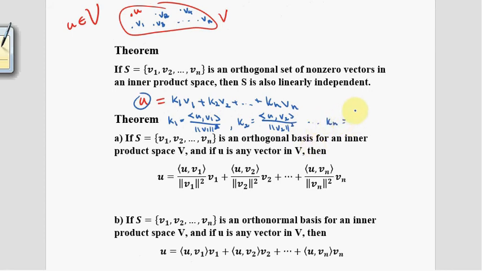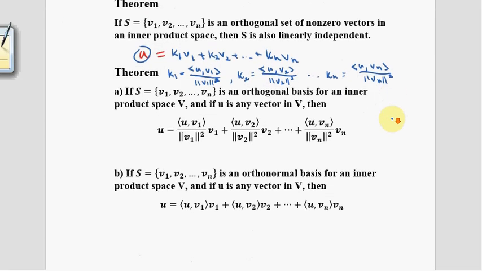K sub n is the inner product of U with V sub n all over the norm of V sub n squared. Okay. So we'll come back to this here.